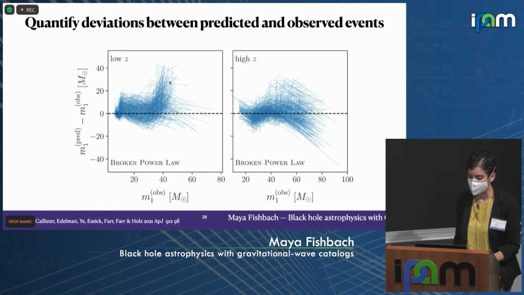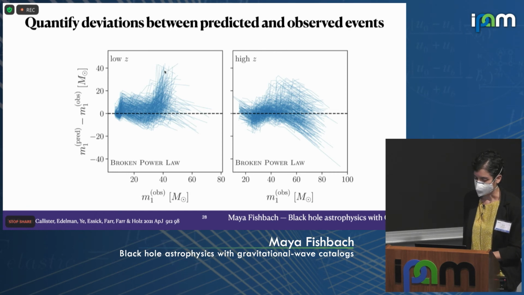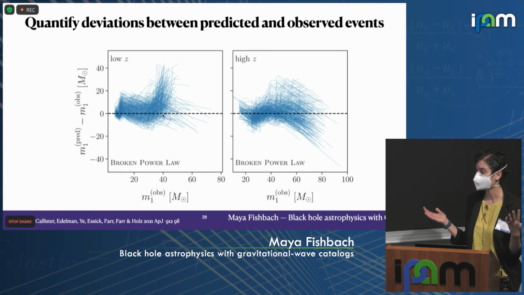So you can see maybe something here is a little bit worrying, like at around 40 solar masses, we tend to be overpredicting those events. And so maybe this feature is something that you'd look at and say, okay, maybe this model is not good. What is happening over here in this posterior predictive check? But again, this is just a picture.